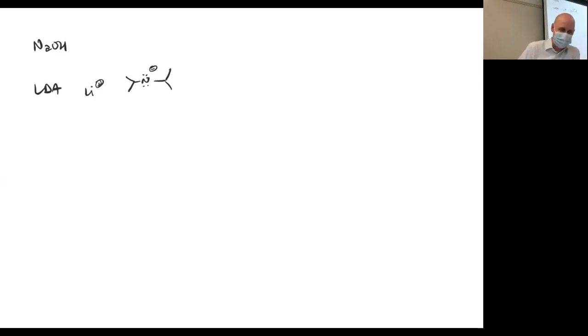All right, so let's consider our 4 bases that we'll see the most often. Sodium hydroxide, LDA, which is this guy, Li plus, and an N minus with 2 isopropyl groups. All right, and then potassium tert-butoxide, tBuOK.